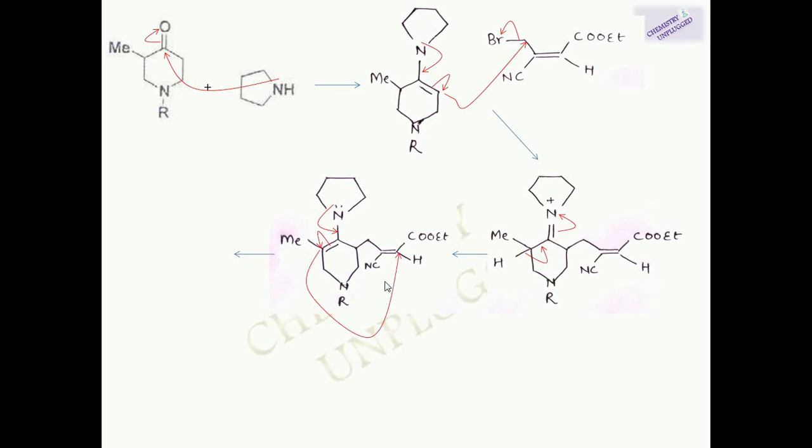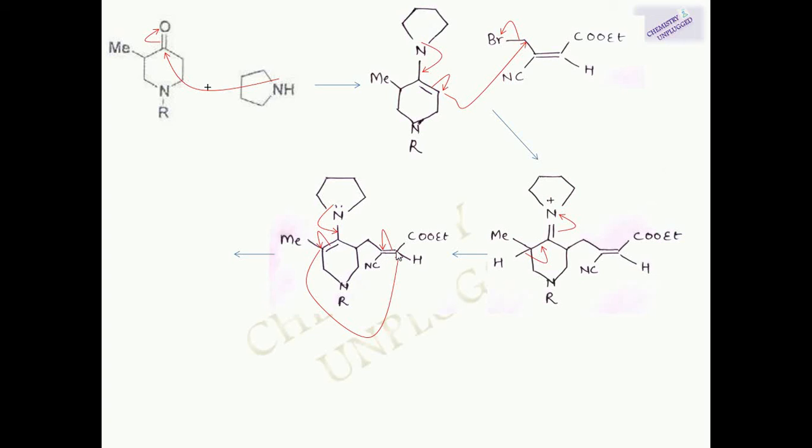So the lone pair of electrons of nitrogen will shift here and this carbon will act as a nucleophile. So the double bond of this alkene group will shift to this carbon atom because it is attached to the CN group and it has more negative I character than the ester group. So it will become negatively charged and this will become positively charged.